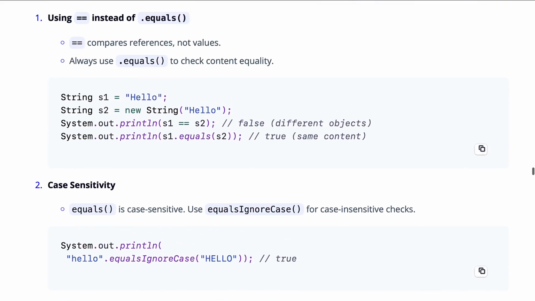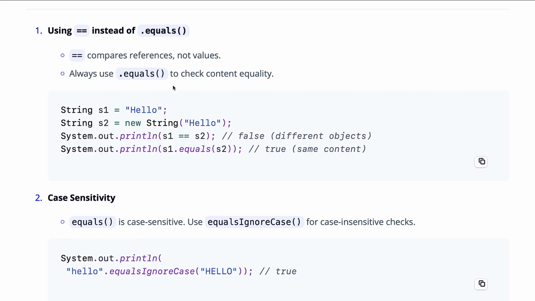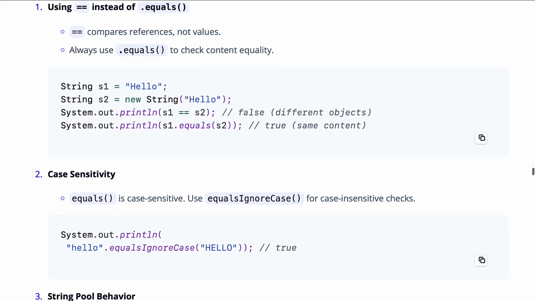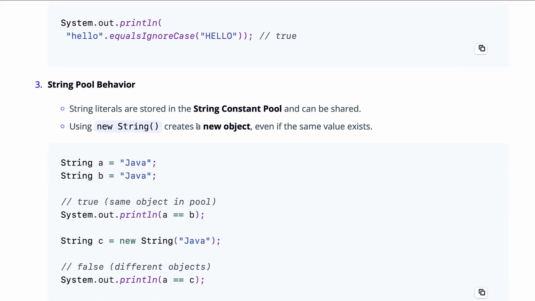In this step, we are looking at some of the important things that you need to be careful about when comparing strings. We talked about the fact that equals is recommended to check content equality. And if you are not worried about the case, you can use equalsIgnoreCase. And also, whenever you're making use of strings, you should understand that string literals are stored in the string constant pool.